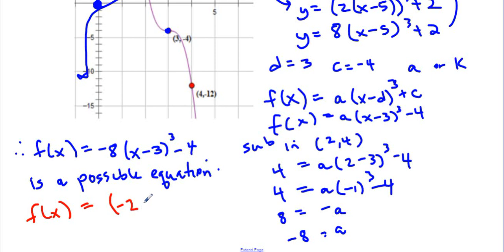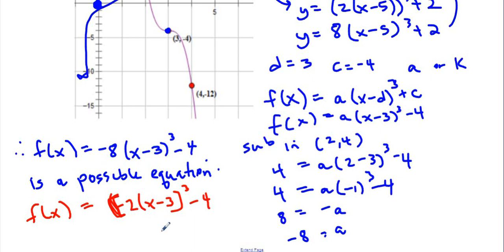Be careful, you can't just say minus 2x minus 3, because it has to be in factored form here. I'm just going to make those square brackets. Sorry, that's messy. So that's a square bracket there, cubed minus 4. So what we've got here is all the same transformations, except now we have a horizontal compression by a factor of a half, and we also have a reflection in the y-axis rather than a reflection in the x-axis.